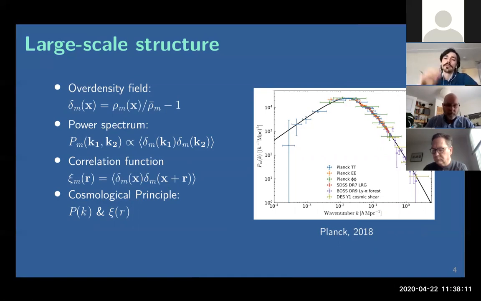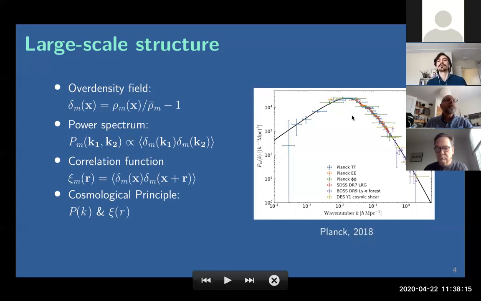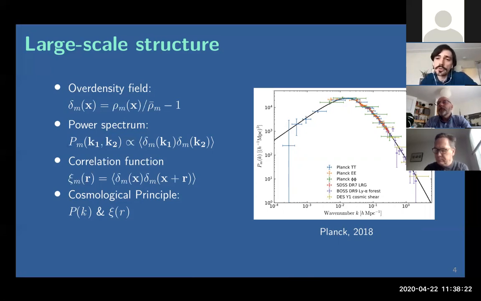This plot from the Planck paper shows the agreement between different observables and the matter power spectrum on top of these. These are all normalized to show the same matter power spectrum. It shows that over a wide range of scales, these all agree very well.